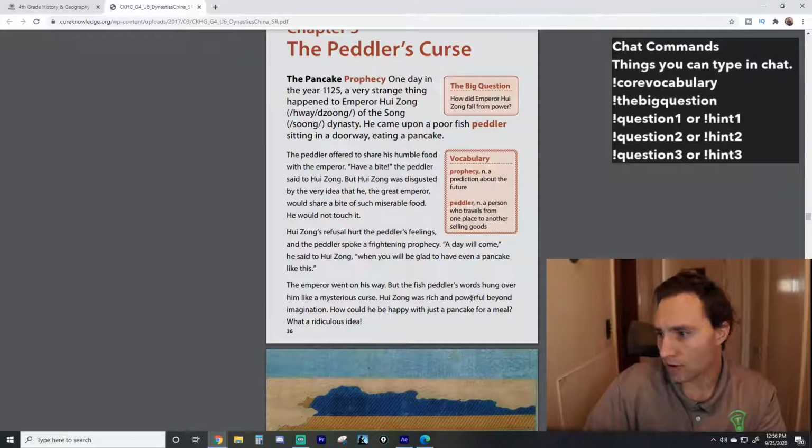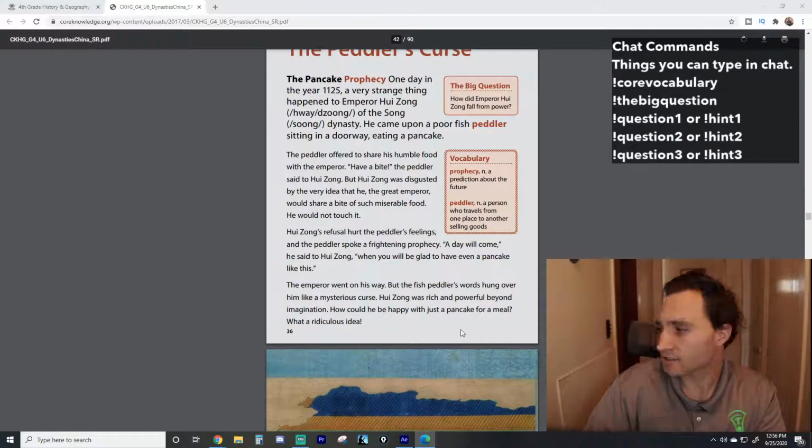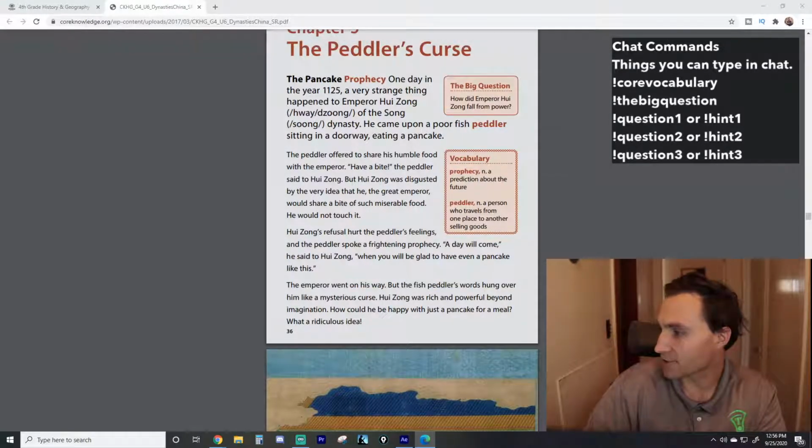Nice. Chloe's looking for the core vocabulary. So our first question is, what was the pancake prophecy? Answer that in the chat. Those that are paying attention and following along, answer the question. Our first question, what was the pancake prophecy?